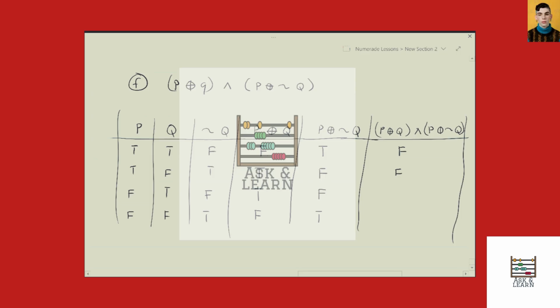So that is equally false. This is false, and that is false. Okay, so since there are no true that is paired, it would be false for all of them.